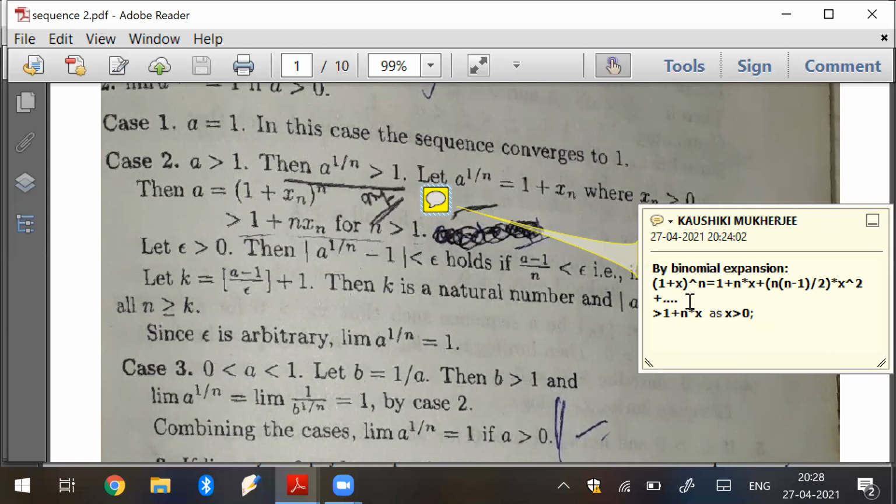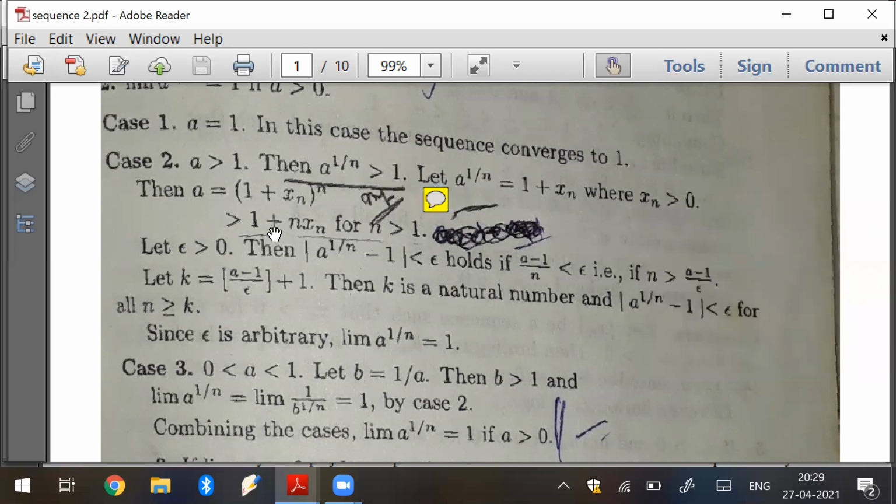So on one side 1 plus nx and on the other side 1 plus x to the power of n, the greater than sign will hold. That is, 1 plus x to the power n is greater than 1 plus nx, as x is greater than 0. Here you just read x as xn, as written here. So this is what they have claimed: this is greater than 1 plus n into xn for n greater than 1.